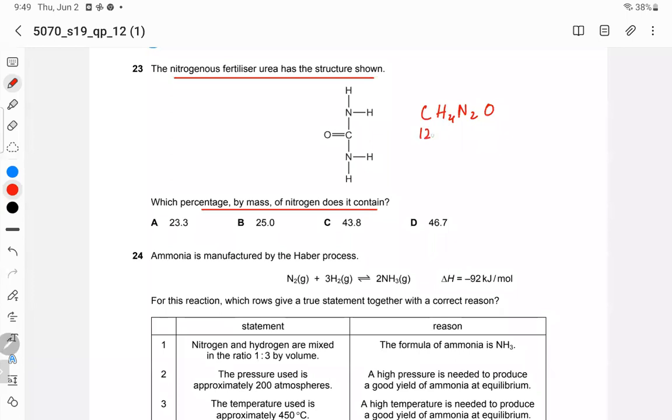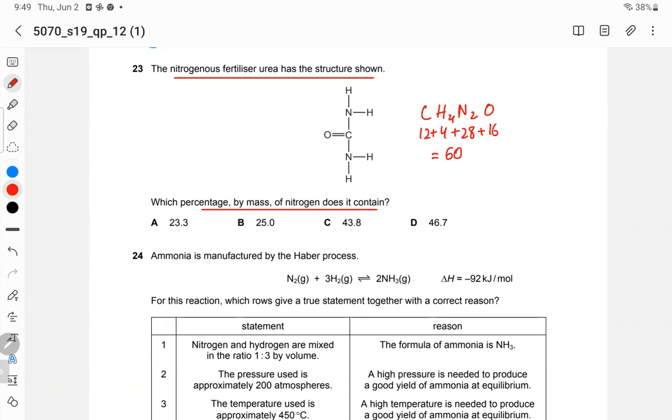So its Mr will be 12 plus 4 plus 28, where 28 is the mass of the two nitrogen atoms, and 16. So 12 plus 28 gives us 40, 40 plus 16 is 56, and 4 makes 60.